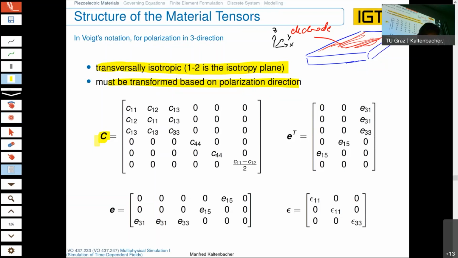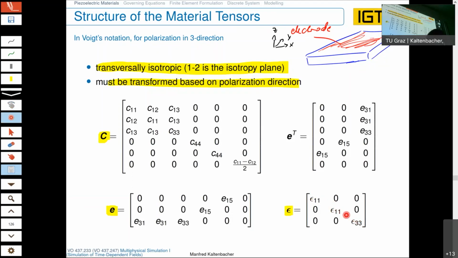And if you look down, then you will see that it has 5 entries which are different from each other. We see here our E piezoelectric coupling tensor, which you see has 3 entries which are different. And we have the permittivity tensor, where this transversal isotropy is very nicely seen, because you see in the XY plane the same permittivity, and this is different in the thickness direction, as you can see.